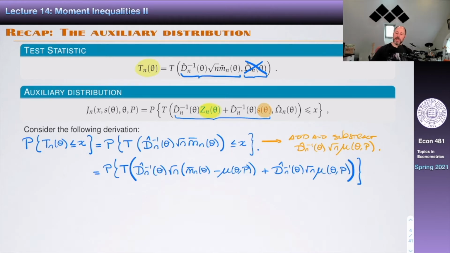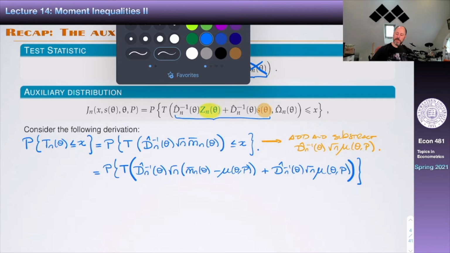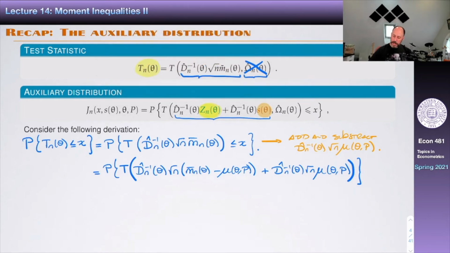And so here I said the following. Well, first, notice that this square root n times m bar minus mu is the object that we're calling Zn(theta). It's an object that is asymptotically normal by some CLT. Here we have IID data, so it's the usual CLT, and it's going to be normal with mean 0 because we're centering at the true mean and some variance, which we don't know, sigma in the notation that we used at some point, okay?